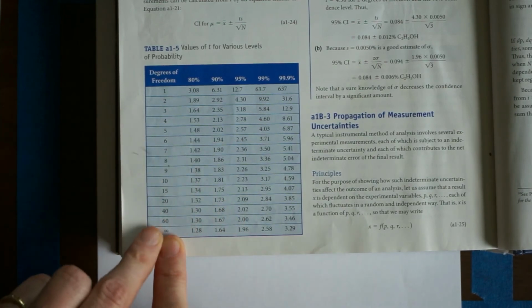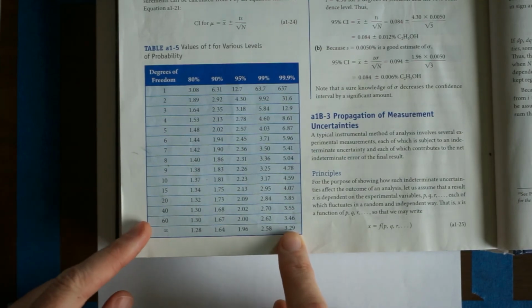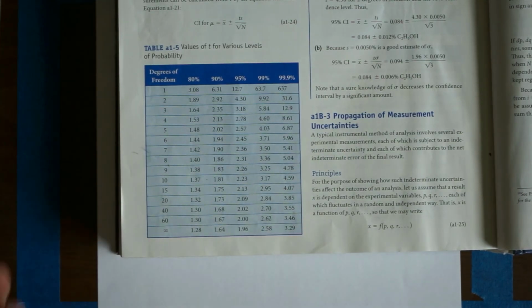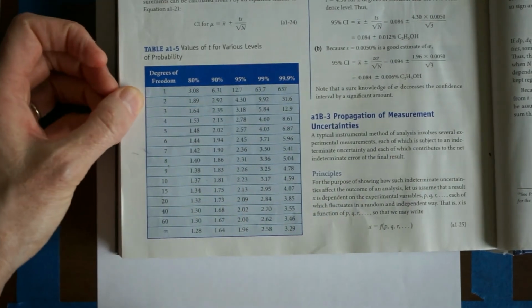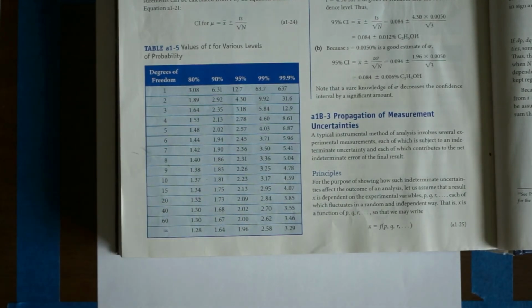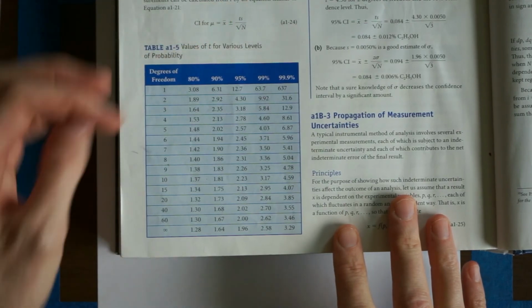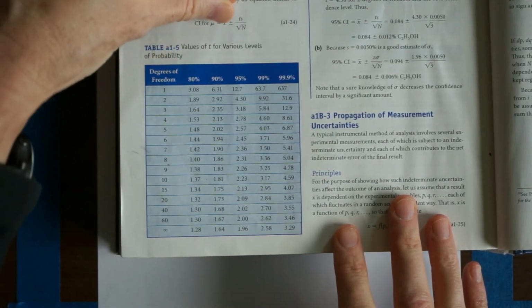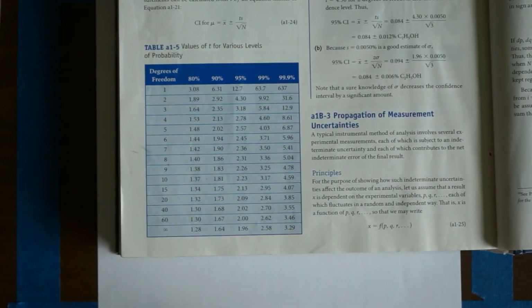And as we get infinite measurements, this equation collapses to the same equation that we used for z. So you need to know not only the confidence interval you want, but also the degrees of freedom you have. And that's just because as you make more measurements, s becomes a better estimate of sigma, and so we don't have to add the additional uncertainty. We have to add additional uncertainty using t when we have tried to estimate s using an insufficient number of measurements.